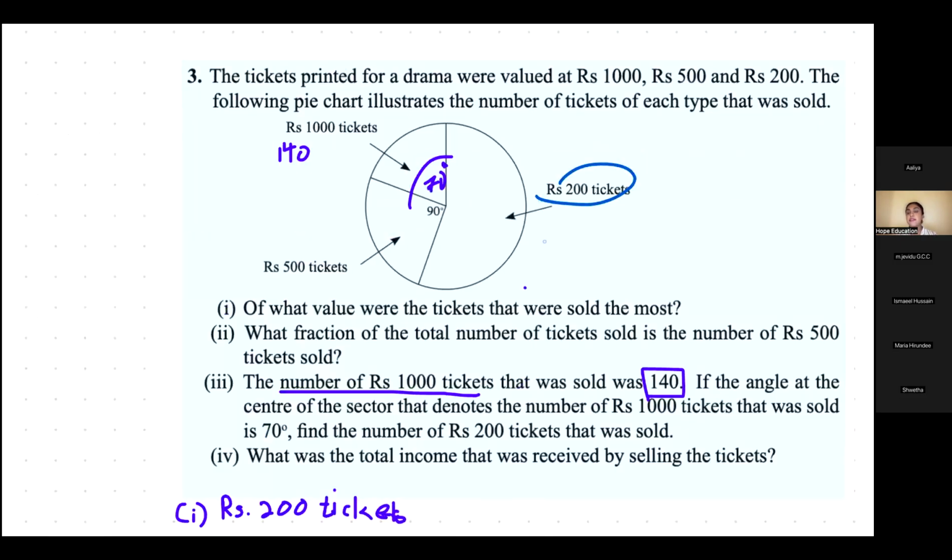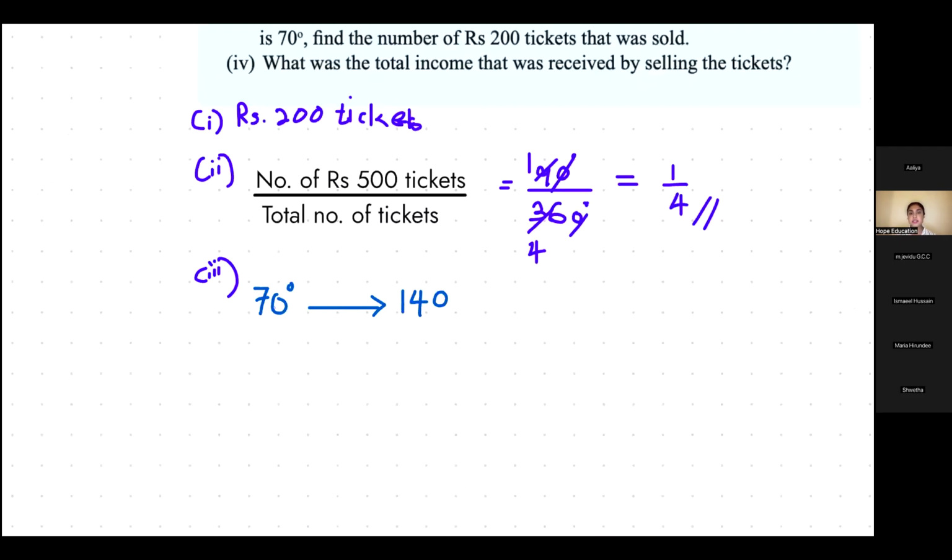How many 200 tickets were sold here? All right. Then if 70 degrees represent 140 tickets, how many tickets does 1 degree represent? If 70 degrees represent 140, 2.